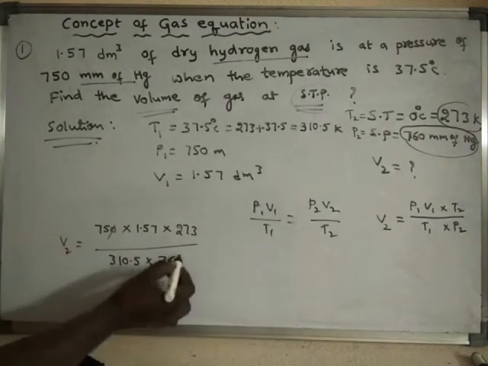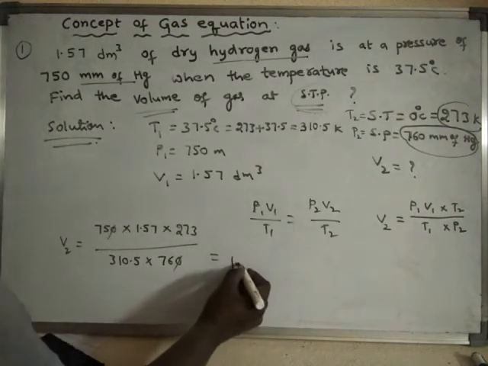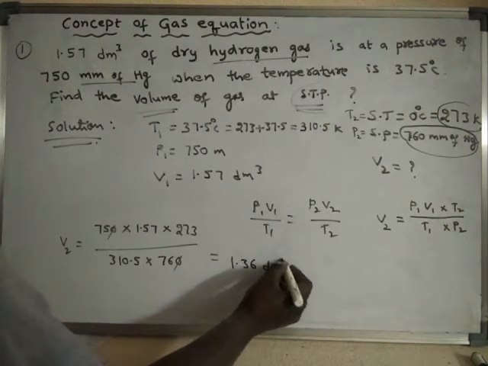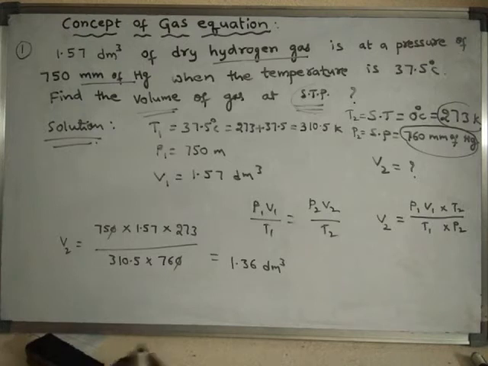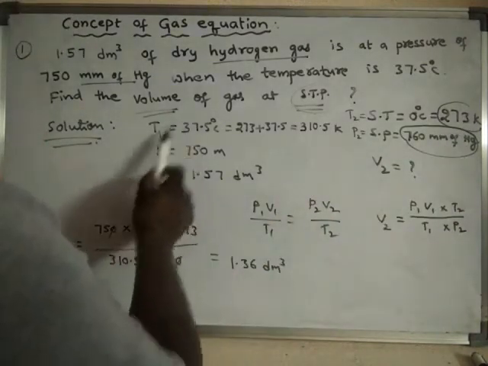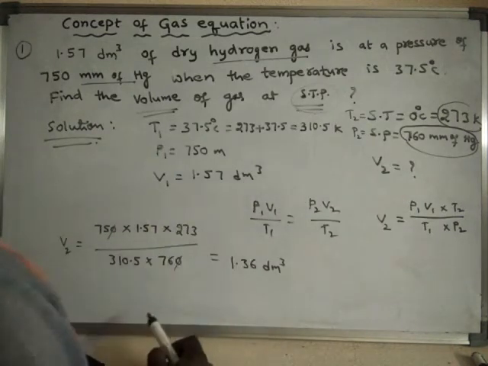So this one cancels. Upon calculation, you will get around 1.36 decimeter cube. That means under STP conditions, the volume of this gas will become 1.36 decimeter cube.